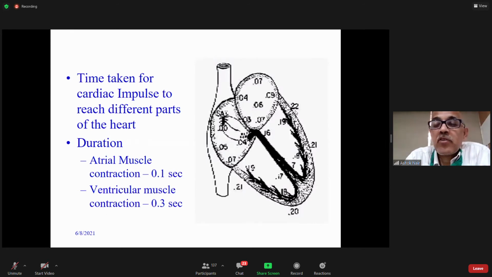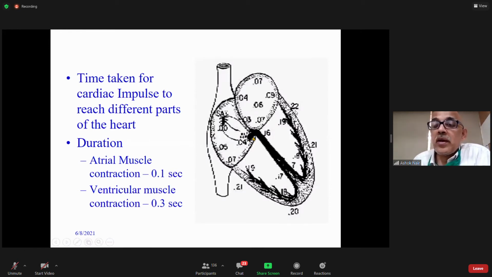Now this figure is a very old figure. In recent books, you might get the same figure as a color picture. It gives you the time duration from SA node impulse generation to reaching the AV junction. That's a delay of about 0.07 to 0.1 second.